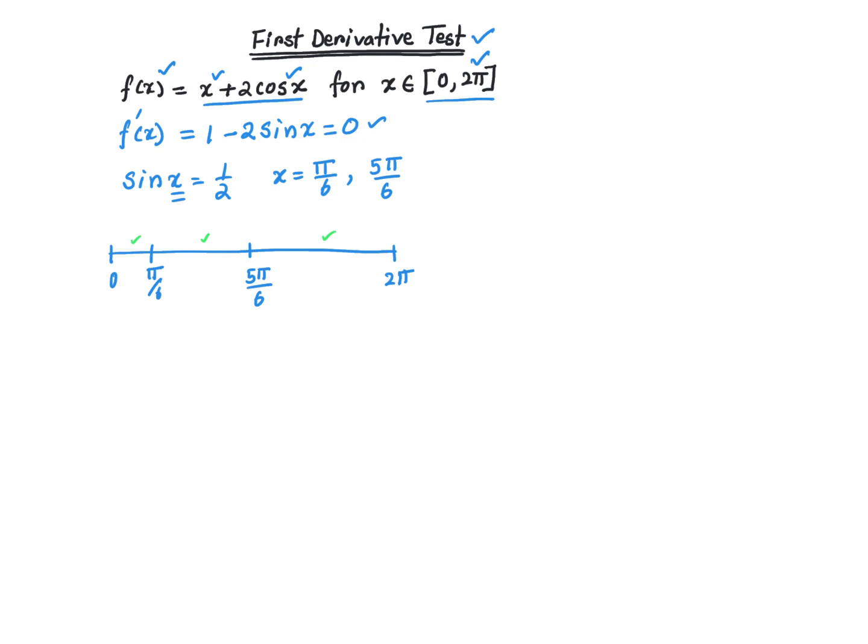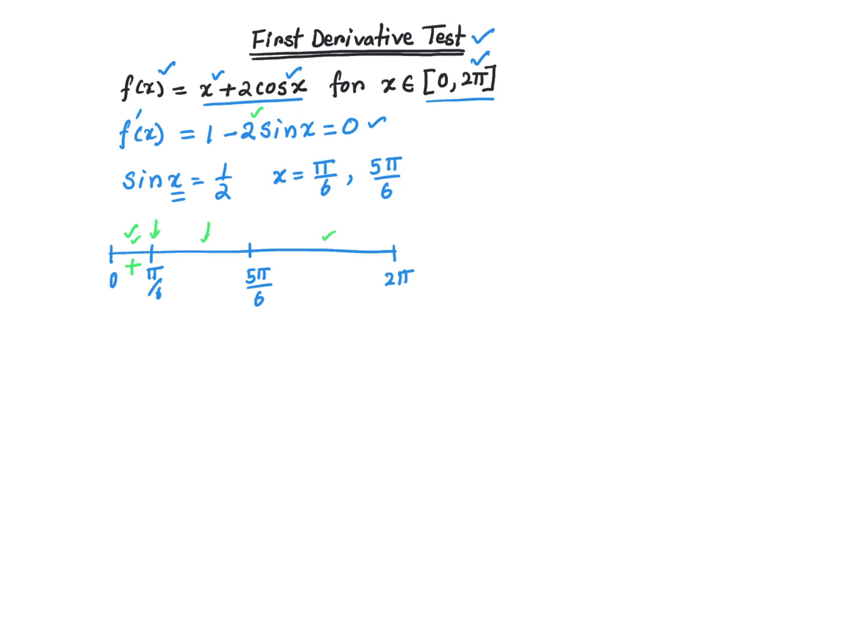Now, if you play around with some numbers in each of these intervals, let's say between 0 and pi over 6, and plug it into the derivative, you'll see that the sign you get is positive, and it is 0 right here.